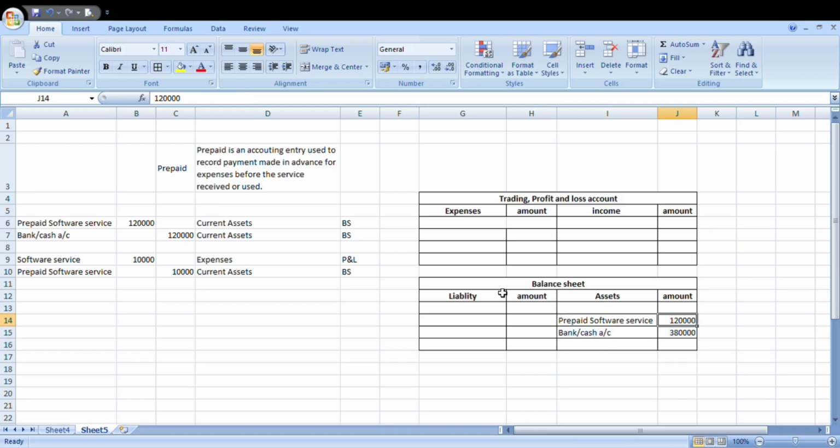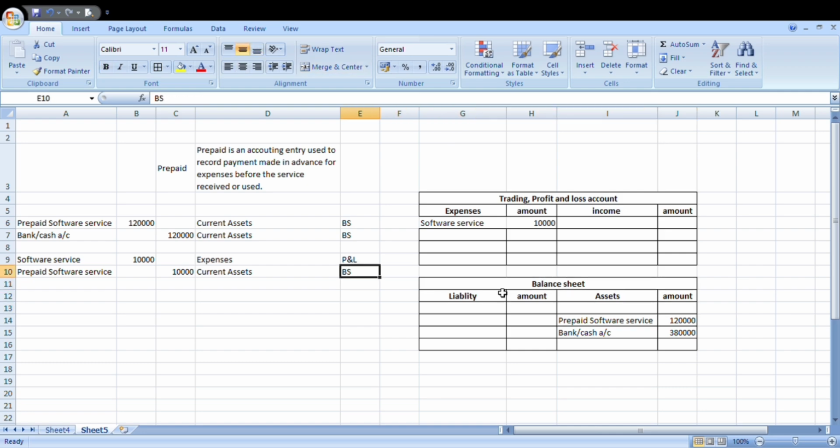So this is we paid for the entire year. What we have to do is book an amortization entry for every month. So January we'll book software service expenses, 10,000. We will debit the P&L and credit the balance sheet.